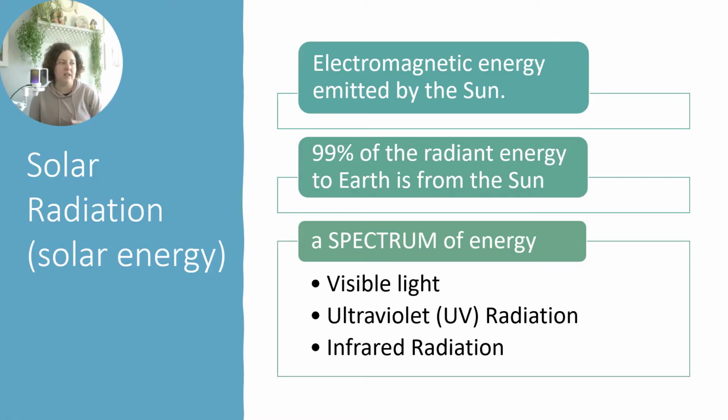Now, we see this solar radiation in a spectrum worth of energy, ranging from ultraviolet radiation to infrared radiation to visible light. So actually being able to see what is on your screen right now is thanks to solar radiation.